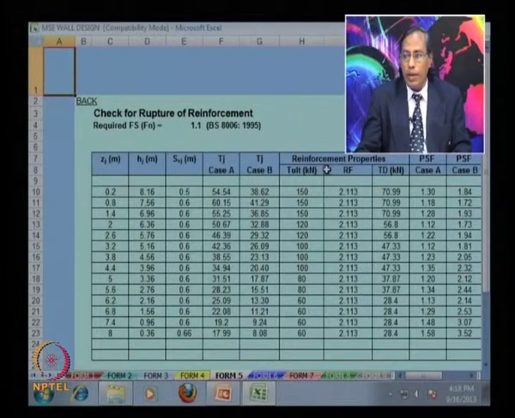Then what should be the reinforcement property? Ultimately, you can have the ultimate tensile strength of the geogrid material: 150, 150, then 120, 100, 80 and 60. So you can distribute the strength, and then you can find out the reinforcement property, and you can calculate what will be the factors.